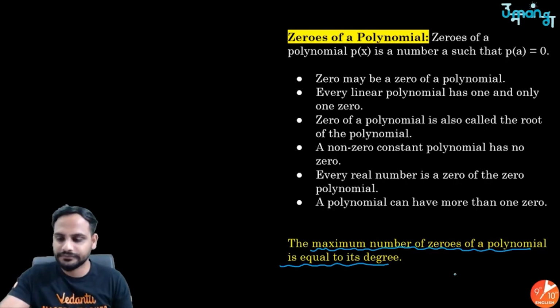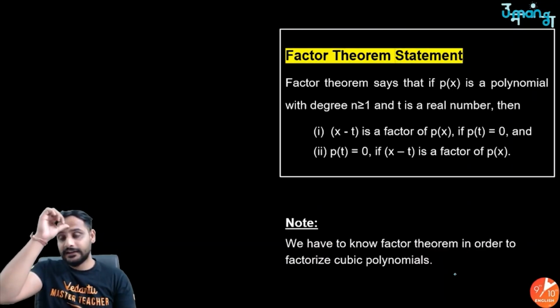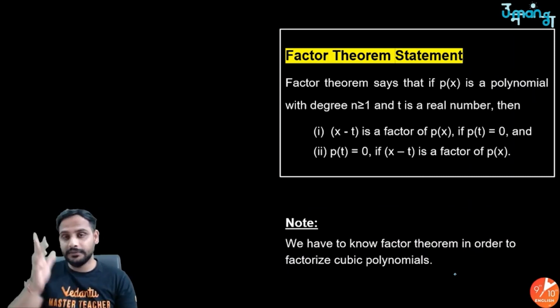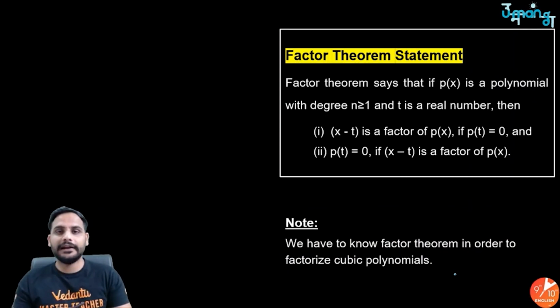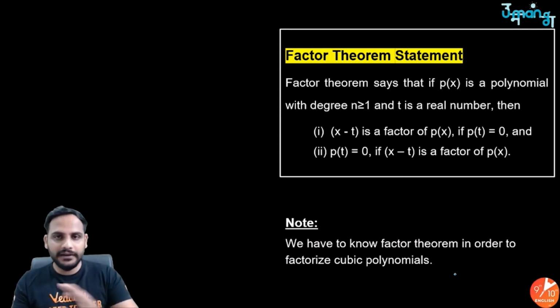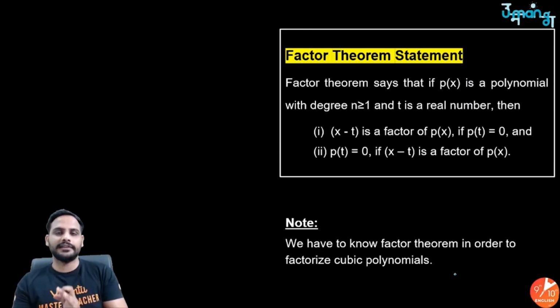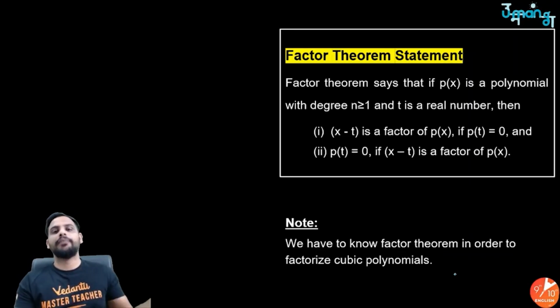Okay, now next part, factor theorem statement. Now look, factor theorem, the statement. Remainder theorem is not there, but we need to study factor theorem to factorize the polynomials. Got it? So what does factor theorem say? Very easy part. Both the statements you need to understand very well.